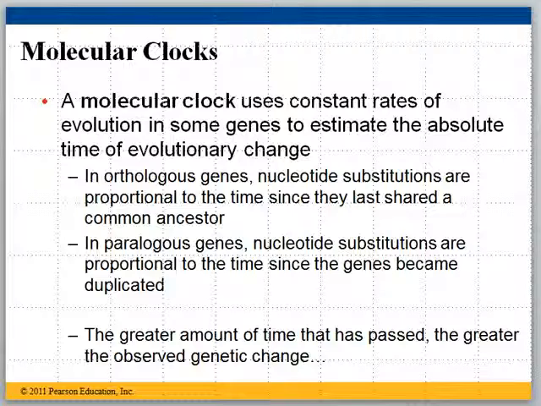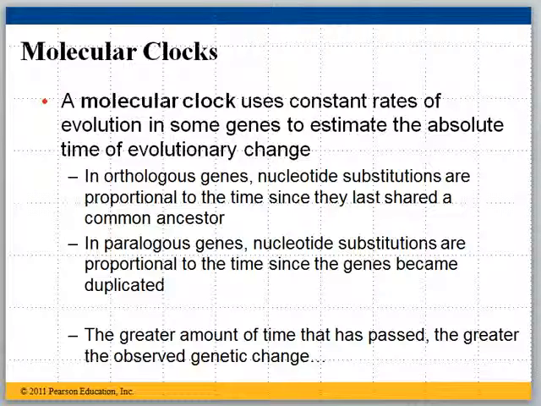In paralogous genes, nucleotide substitutions are proportional to the time since the genes became duplicated. So we have a proportion of time between the various mutations and changes that occur in the genes and the time from when those genes came into being, basically from the point at which they were duplicated or from the point at which they split off from their common ancestor.